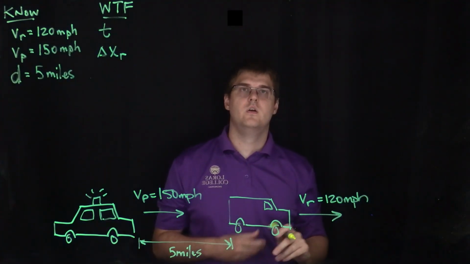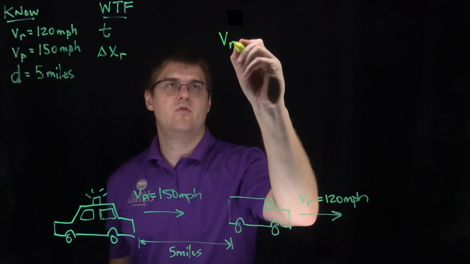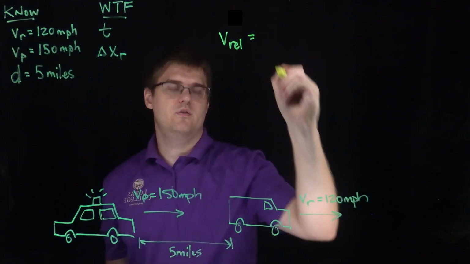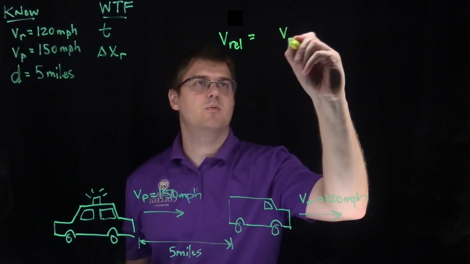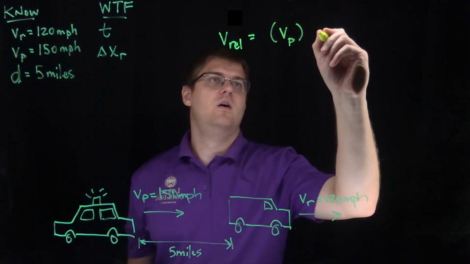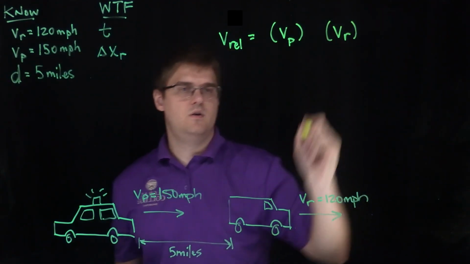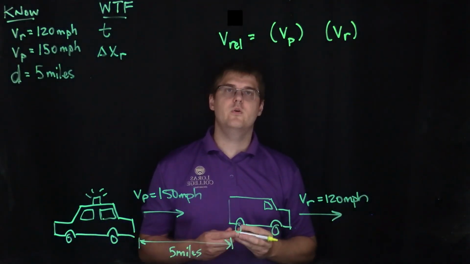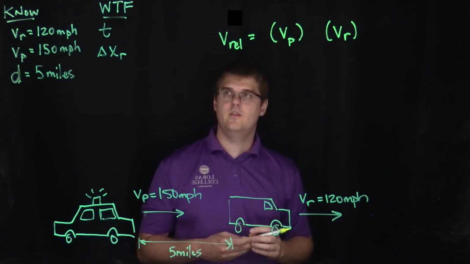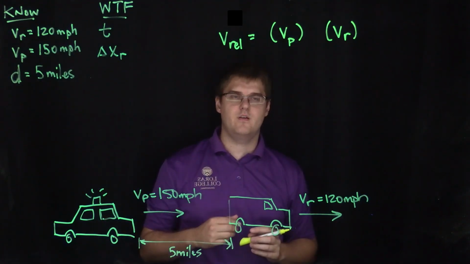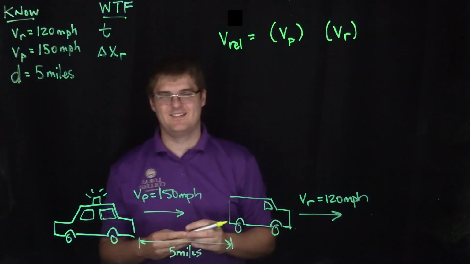Okay, so we can say velocity relative is going to be equal to some function between the velocity of the police car and the velocity of the robber. And what we're going to do is think about how each of these impacts this distance, because we have an equation that I've already erased that is based off of distance.